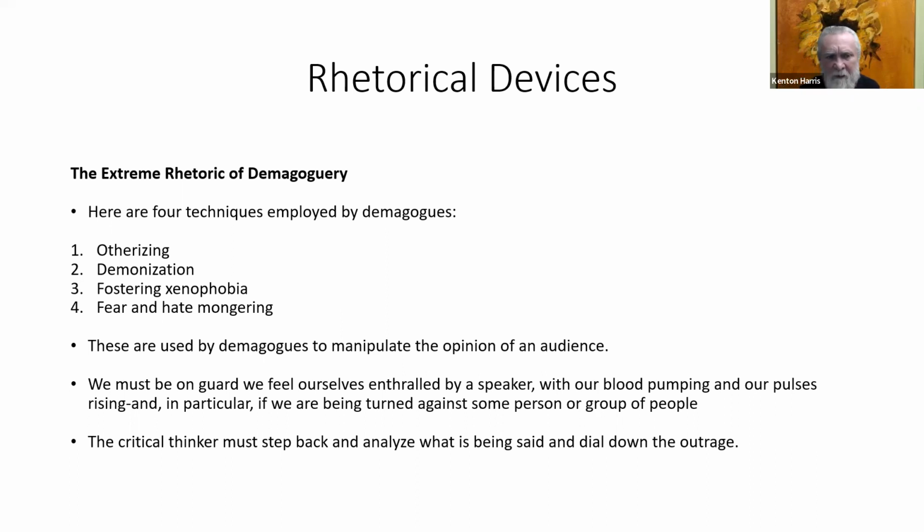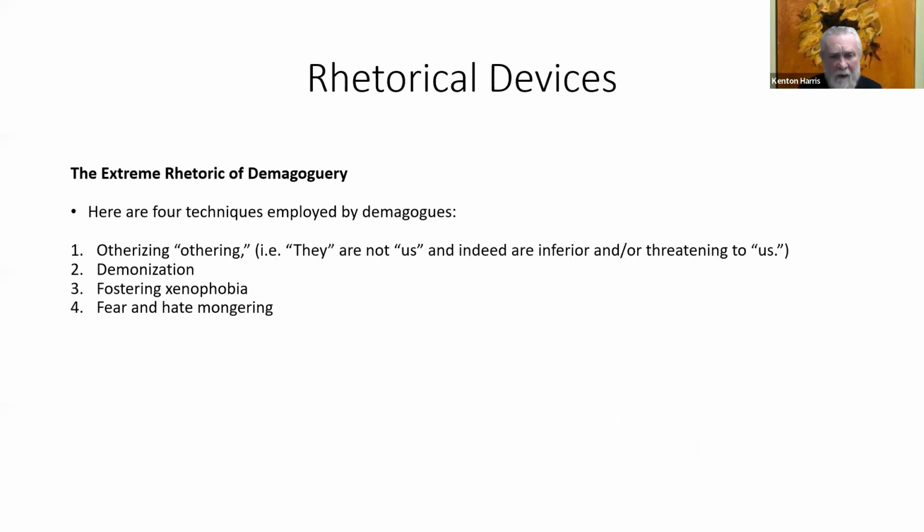So that's what these things have in common. They're trying to stir up emotion and stir up outrage by appealing to things which are, in fact, irrelevant or exaggerations. Othering, for instance, is when you're emphasizing they are not us, and indeed they are somehow inferior or perhaps threatening to us.